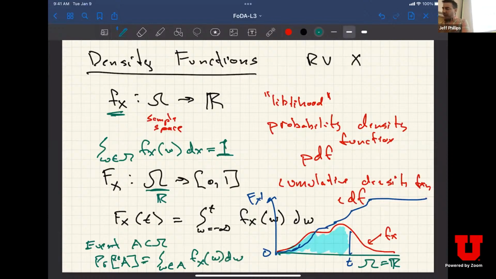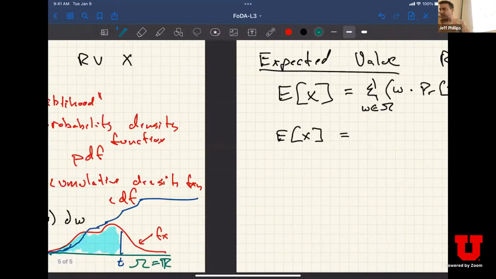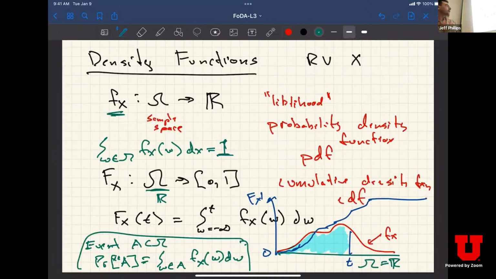Okay, so I talk about the probability of an event here, but I can't talk about the probability of a specific sample outcome. I can talk about probability of events, so I need to use integrals here. That's similar to what I said before: I can integrate continuous random variables to get probabilities, because I can't just count stuff.